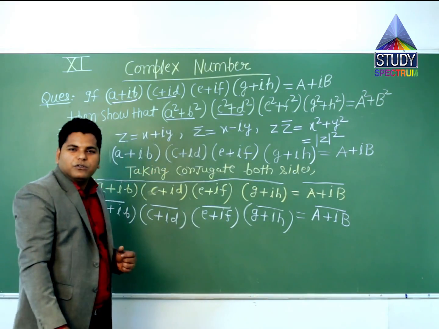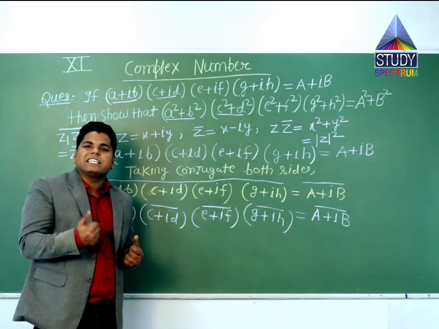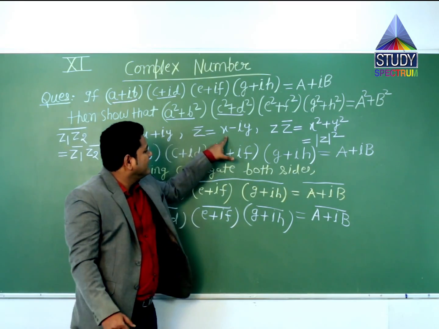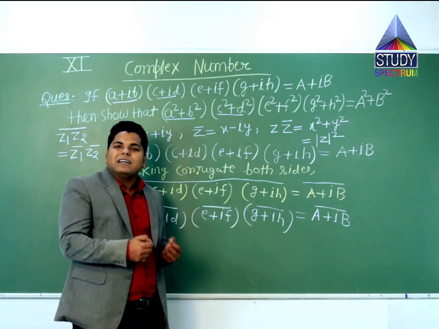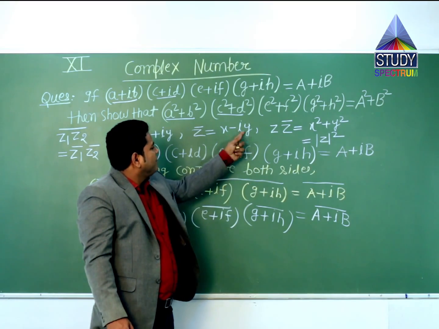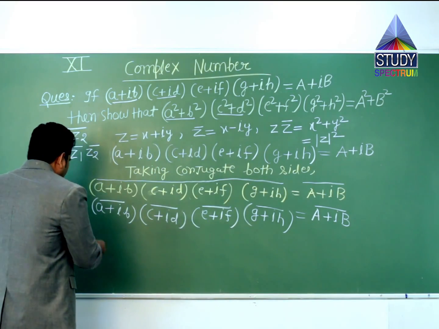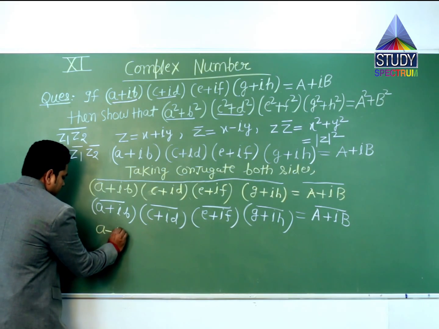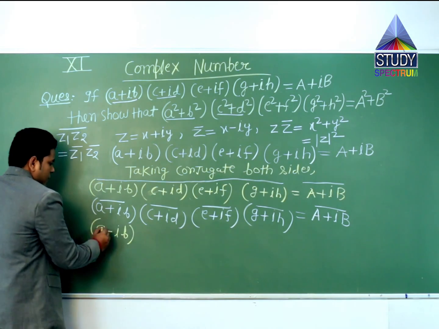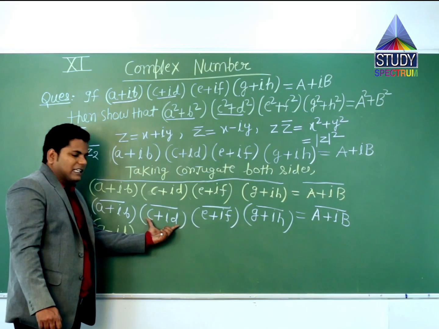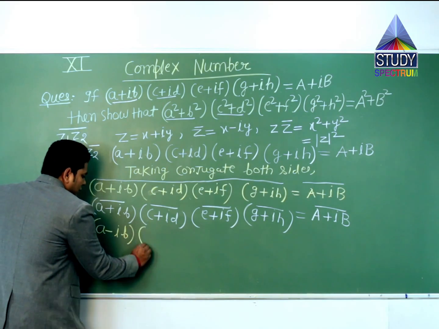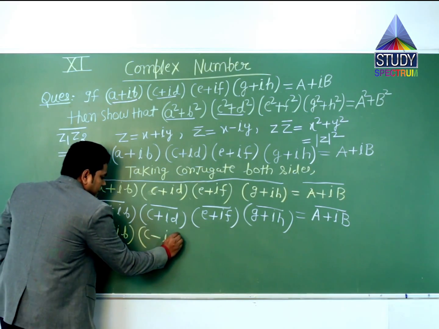Okay, so when you take conjugate, suppose Z is X plus IY, then Z bar is X minus IY. It means we are changing the sign before the i terms. So here it is a plus ib, so conjugate of this will be a minus ib. Now c plus id, when you take conjugate, you will get c minus id.